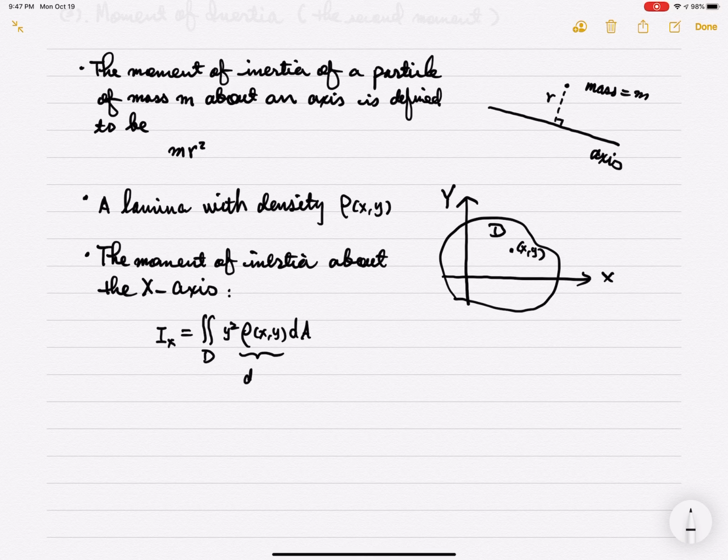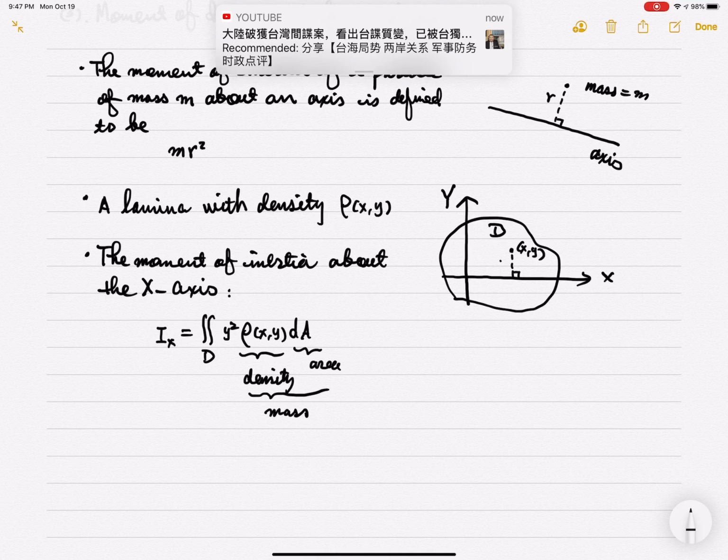So this is a density, and then this is the area. So this is the mass. Now for this small piece, the mass times the distance to the x-axis, that is y.